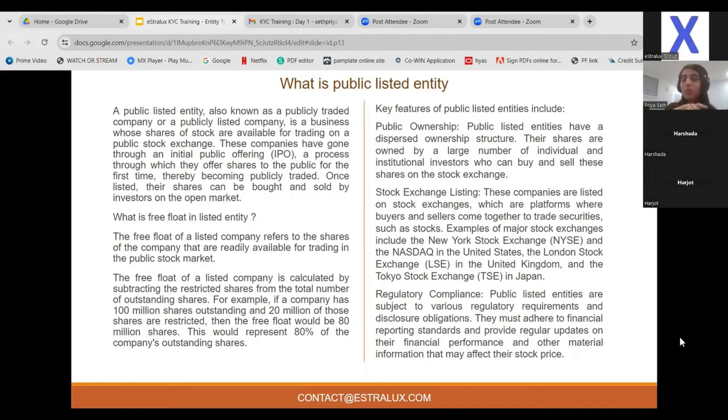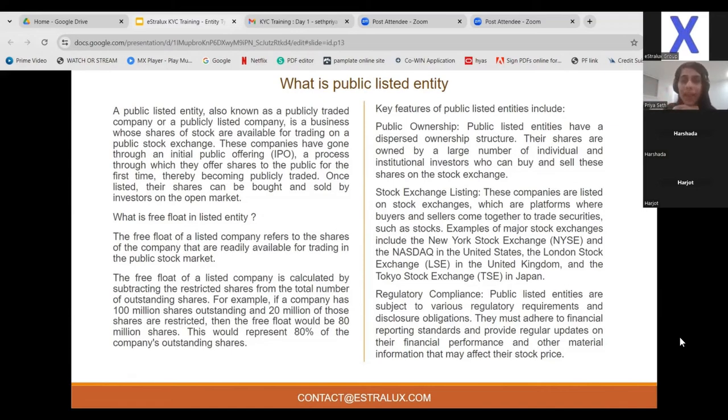Free float is the shares that can be given to the public to trade. So this represents that 80% of the company's outstanding shares are free float. Is that clear? Yes. So the word says it all: free float means they can be freely traded.